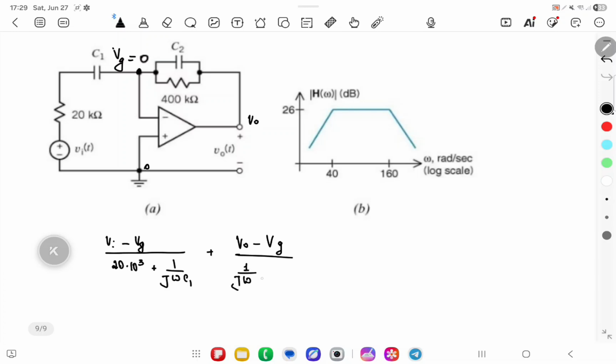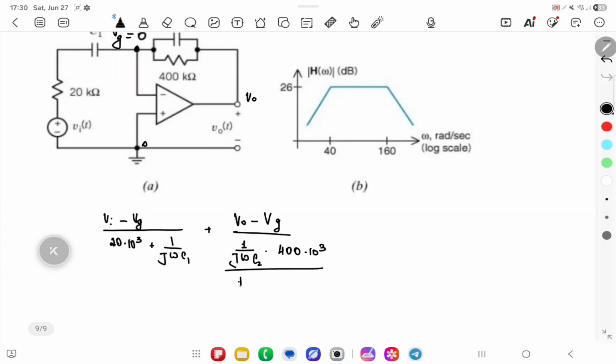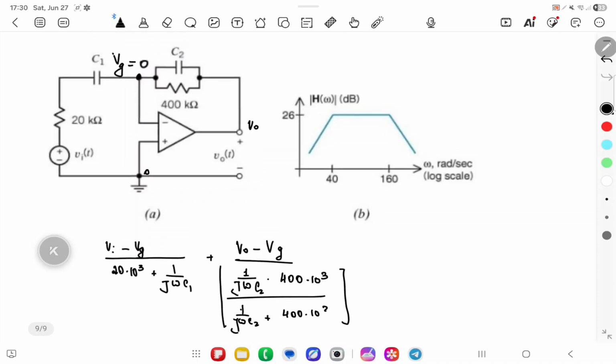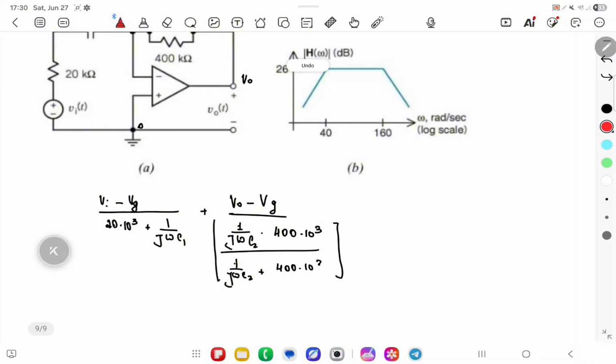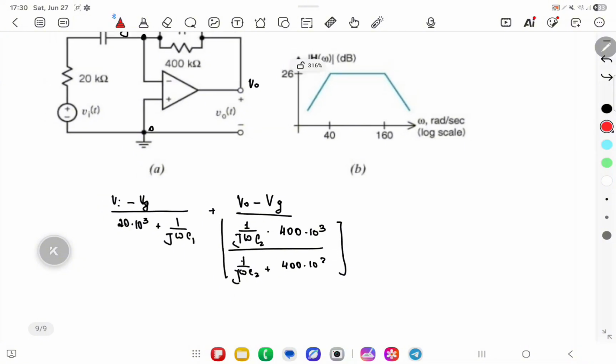So here we have j omega C2 multiplied by our resistance, over 1 plus j omega C2 plus our resistance. So this is this circuit in parallel, okay? And all of that will be equal to 0.